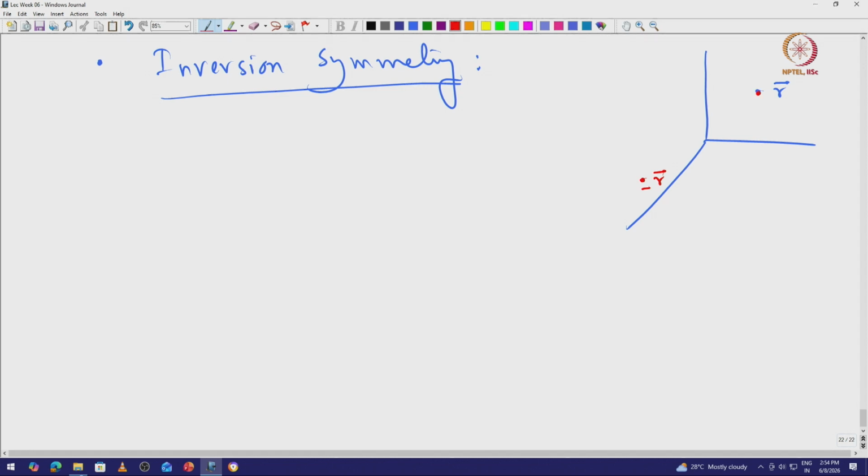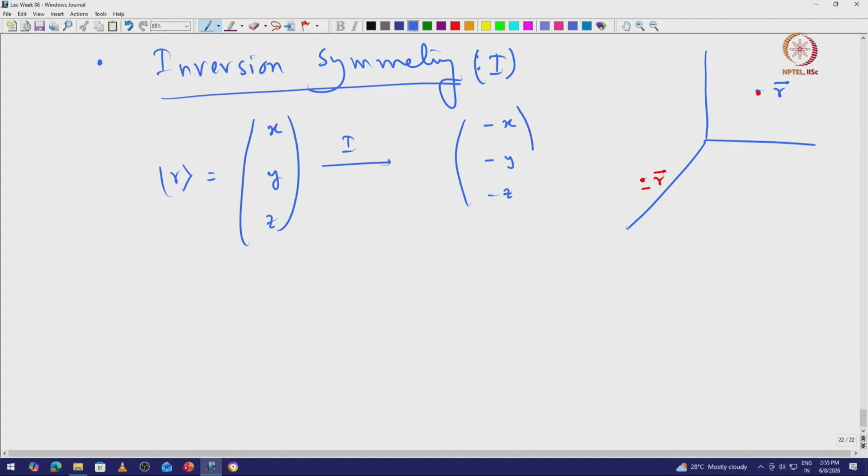So, let me just focus on the space and define some vector which under inversion, so I am calling it inversion I, changes to minus x, minus y, minus z.